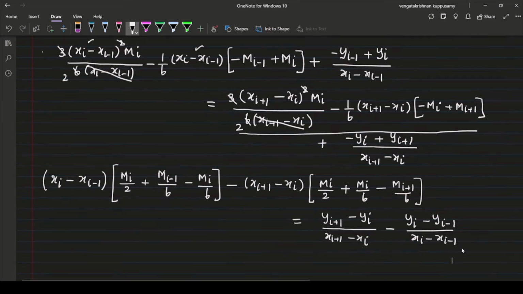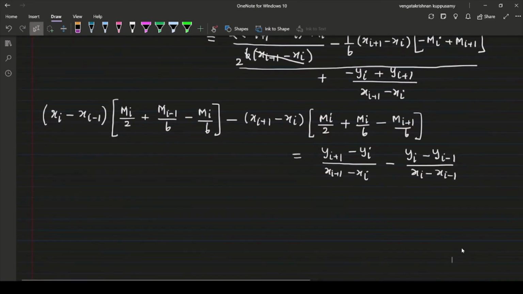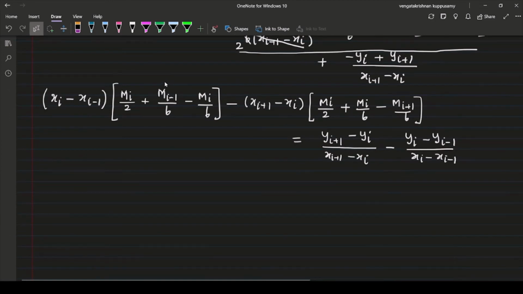Now let us group the m_{i-1} terms, m_i terms and m_{i+1} terms. For the m_{i-1} term, we have only one term, so it is (x_i - x_{i-1})/6 into m_{i-1}.